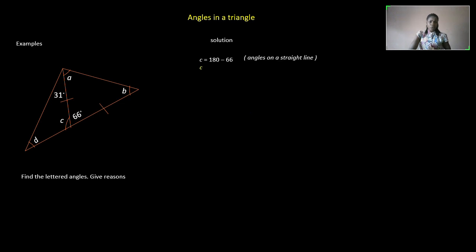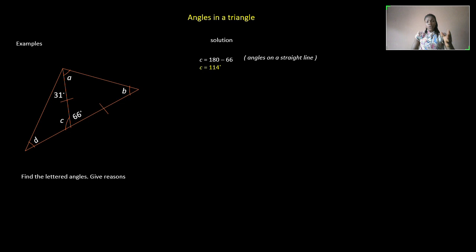And finding our angle C, we are adding C to 66 and equating it to 180. Now, our C is equal to 114. And since we have gotten our C as 114, we can find our D by using the sum of angles in a triangle.